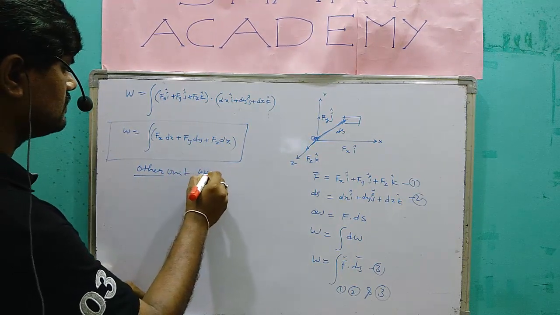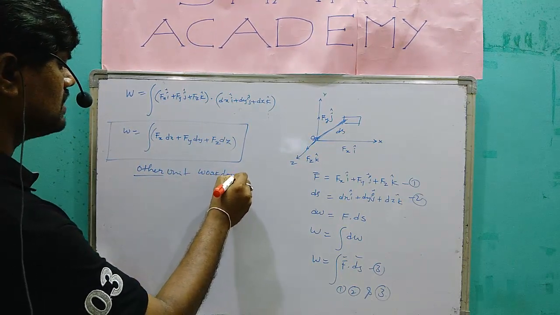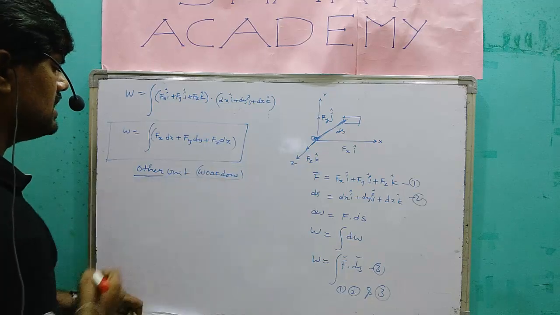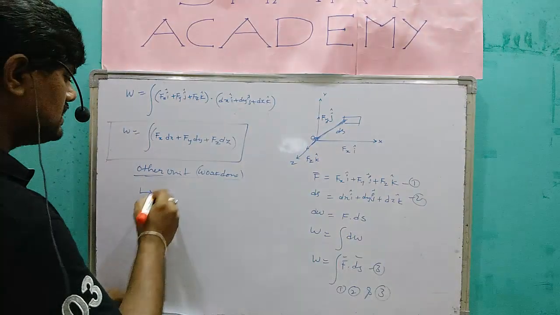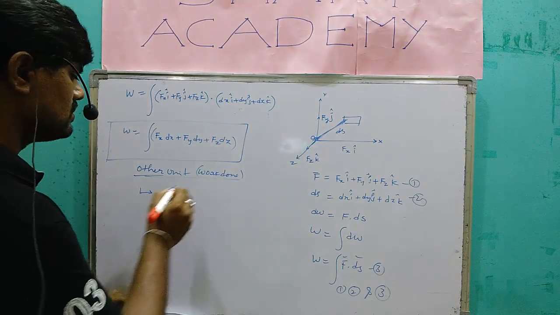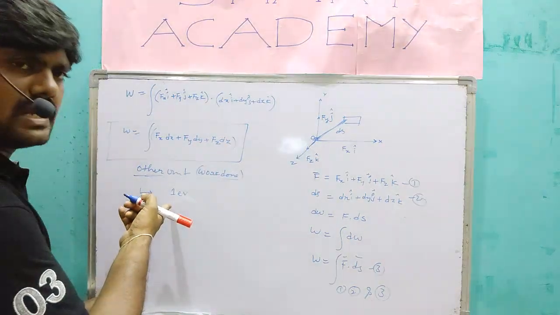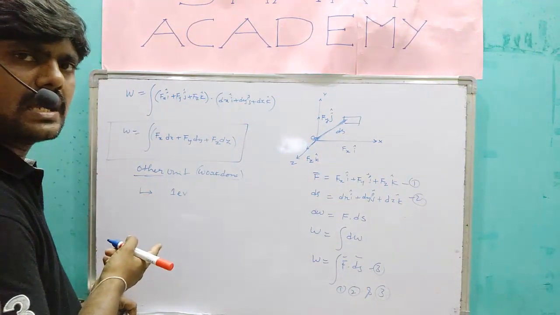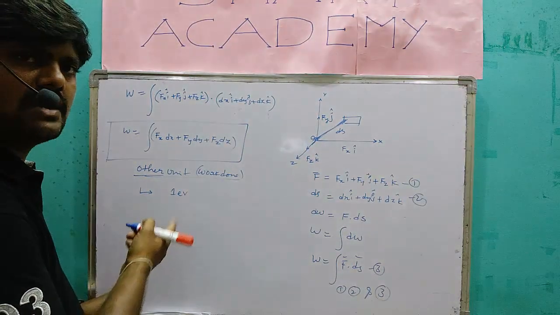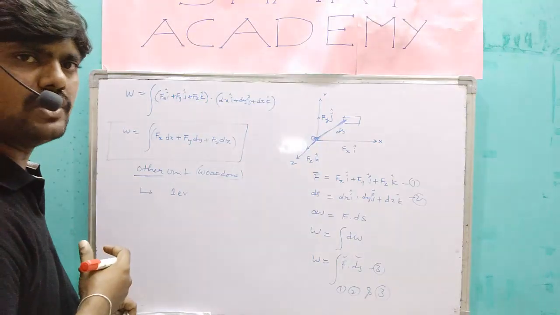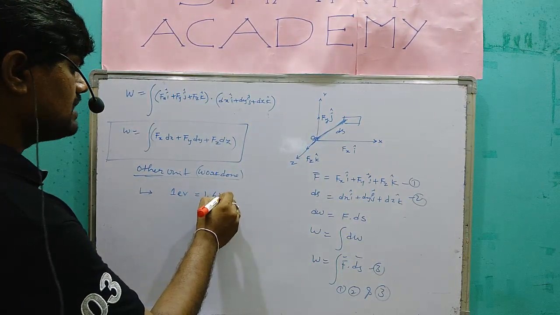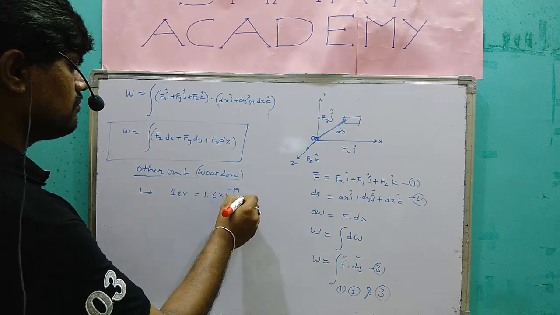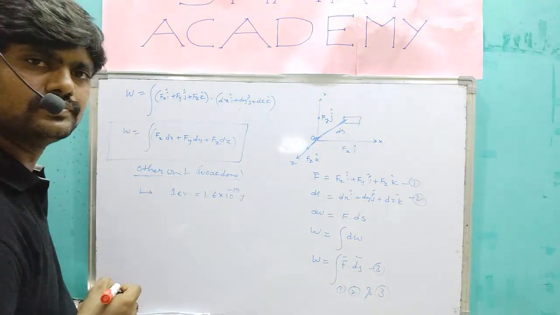Okay. Next, now we discuss the other units for work done. What are the other units here? Work done is also measured in electron volts. Energy is also measured in electron volts. Energy and work done both have the same units. That electron volt value is 1.6 into 10 to the power of minus 19 joule.